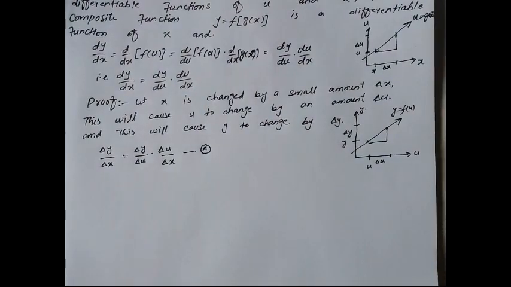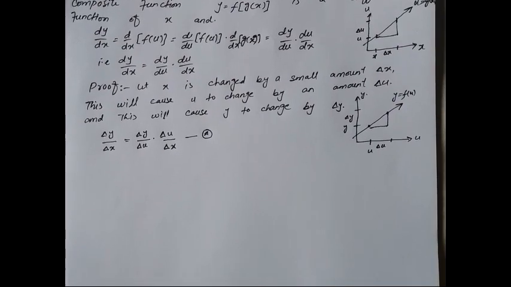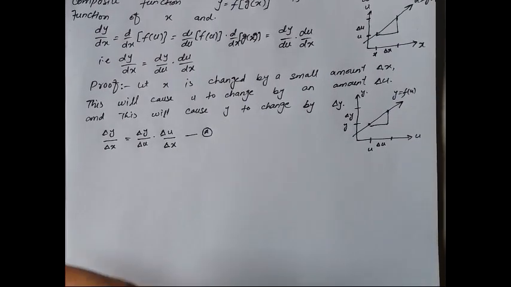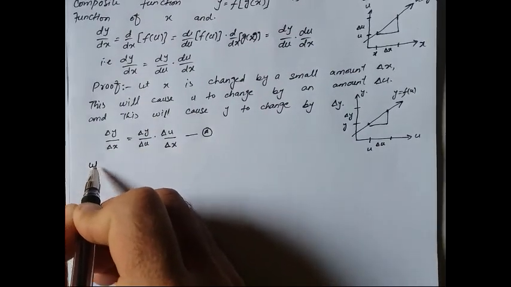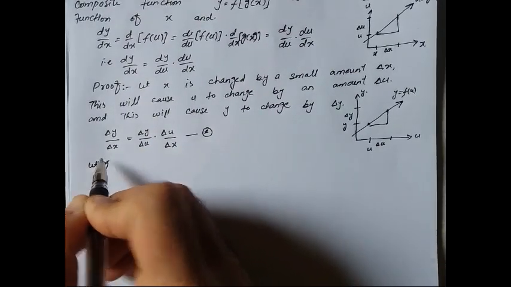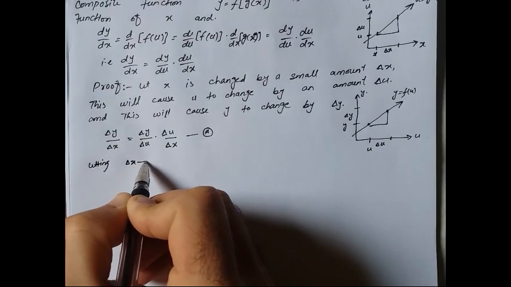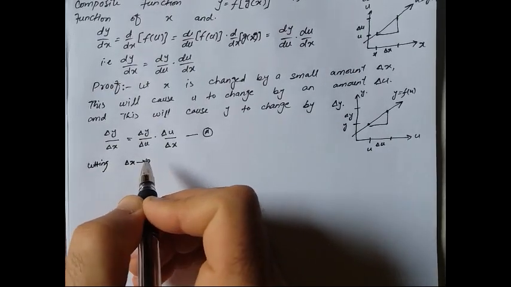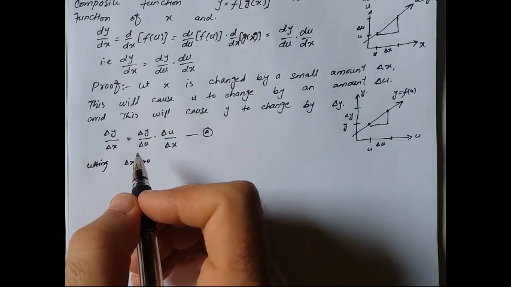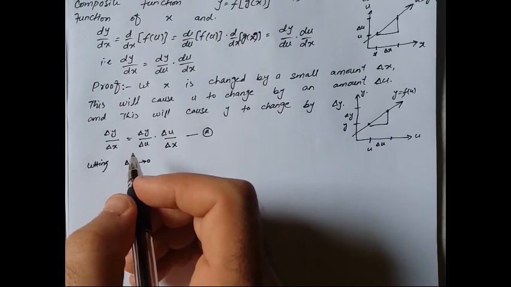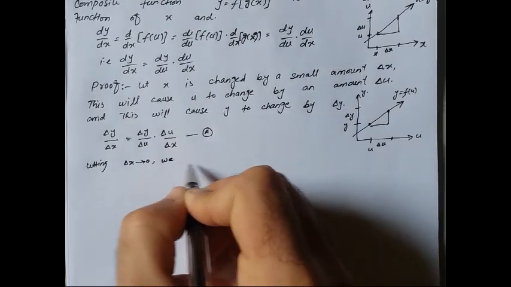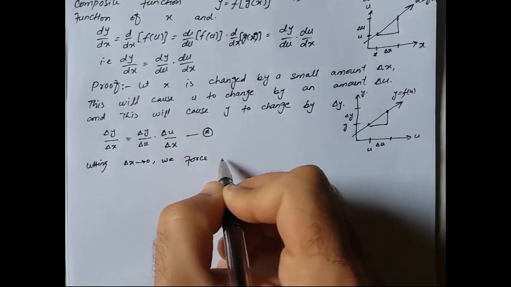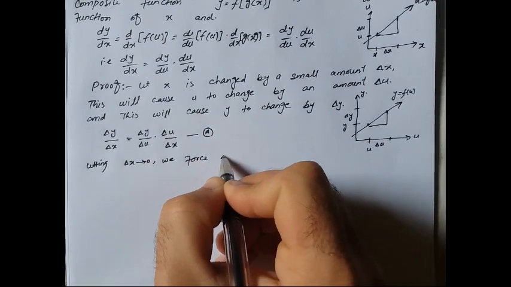Now by letting delta x approach 0, as we do in the definition of derivative, taking the limit as delta x approaches 0, we force delta u to approach 0 as well.